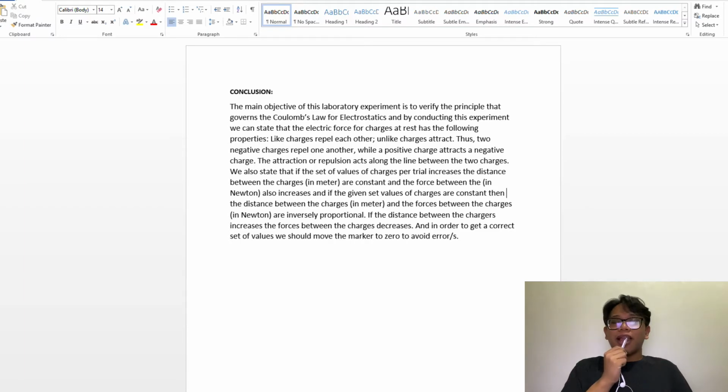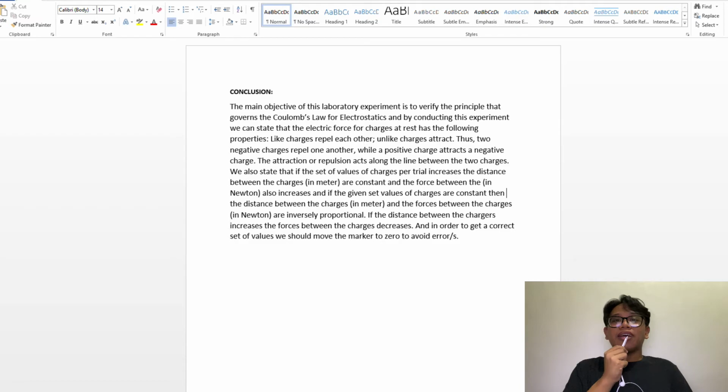I'm Andre Rilano and I was assigned to do the task in conclusions. The main objective of this laboratory experiment is to verify the principle that governs Coulomb's law of electrostatics. By conducting this experiment, we can state that the electric force for charges at rest has the following properties.